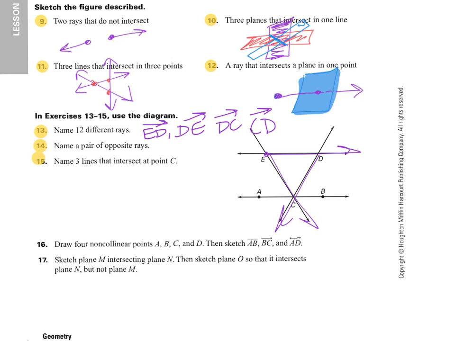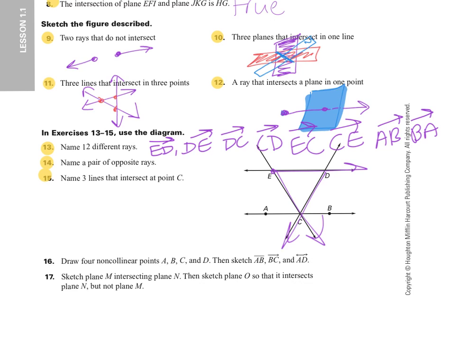You've got ray EC and ray CE. And then I can work with AB, BA, and then you can do AC, you can do CA, you can do CB, you can do BC.